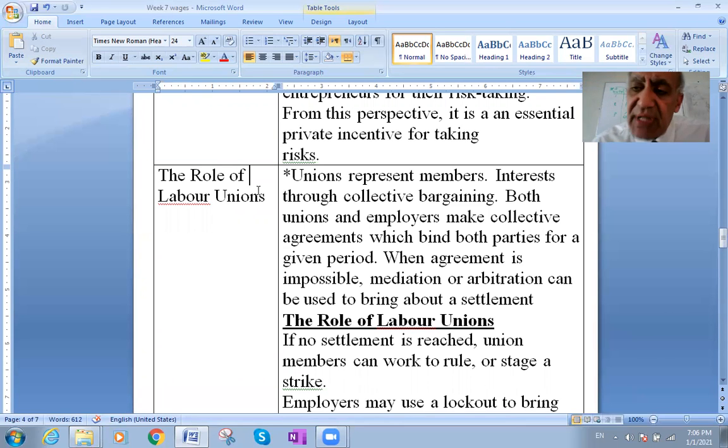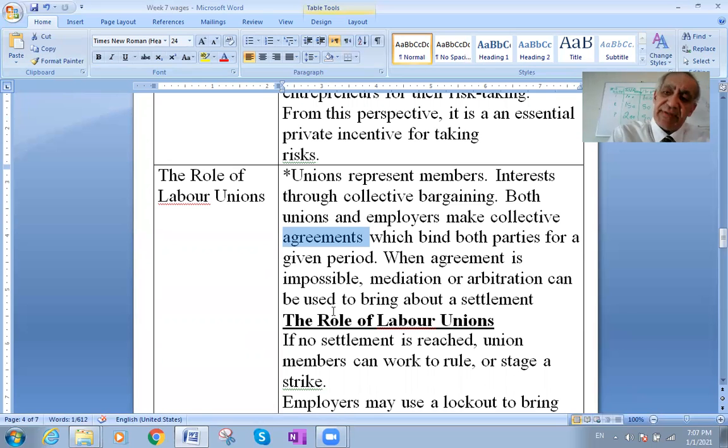So we are talking about labor unions, and we want to know what they are, or what the meaning of it is. It's a collective. This union represents members and does collective bargaining. Both unions and employers make collective agreements. Actually, the unions are always defending the workers' rights.